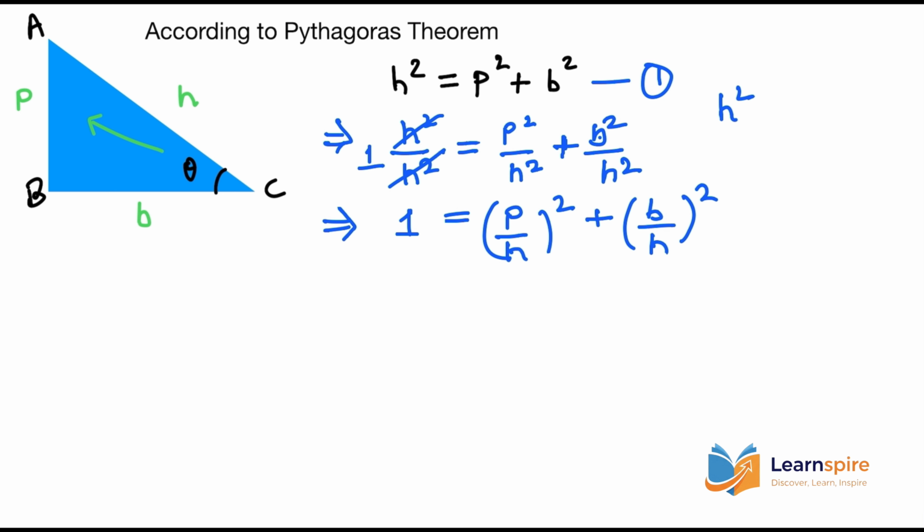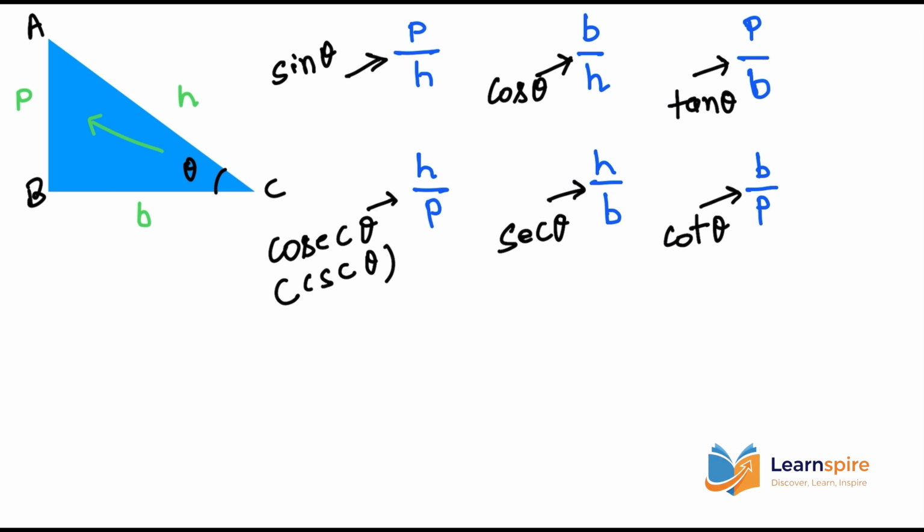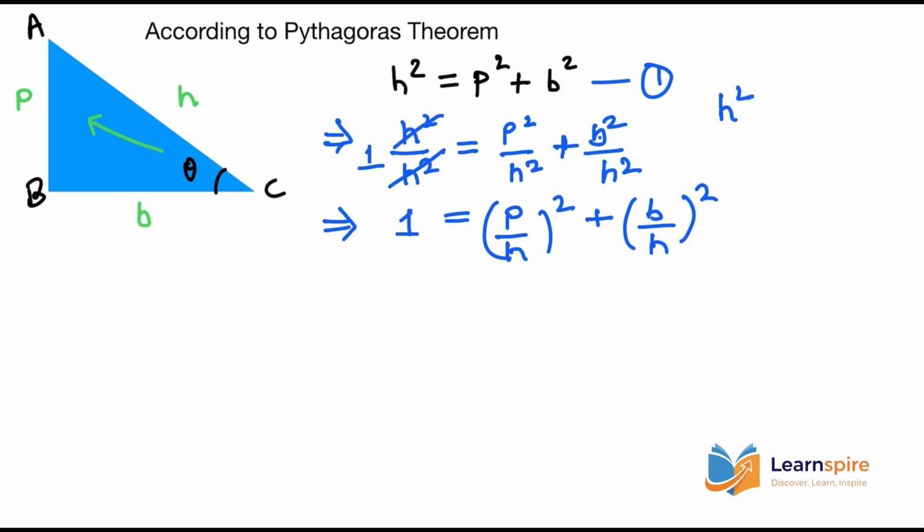Now, as we all know, the ratio of perpendicular to hypotenuse is termed sine theta, and the ratio of base to hypotenuse is termed cos theta. So, substituting the values, we get 1 equals sine theta square plus cos theta square.